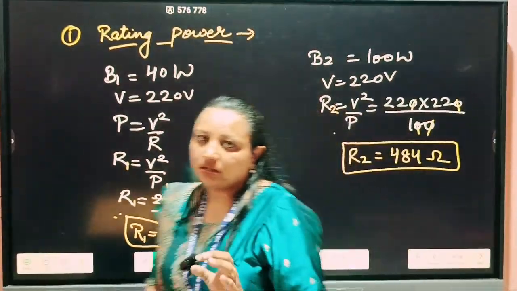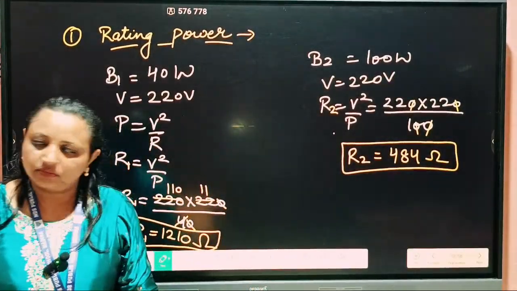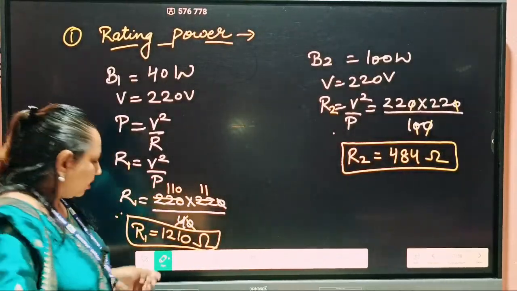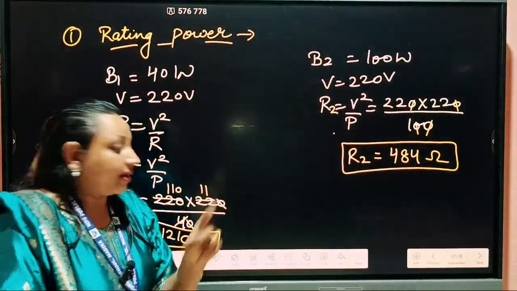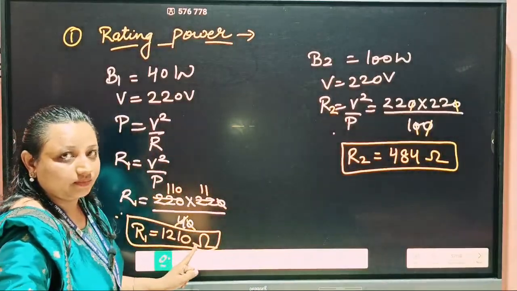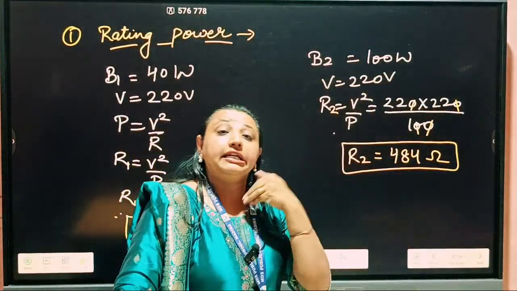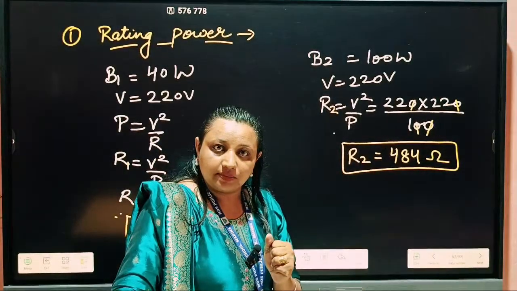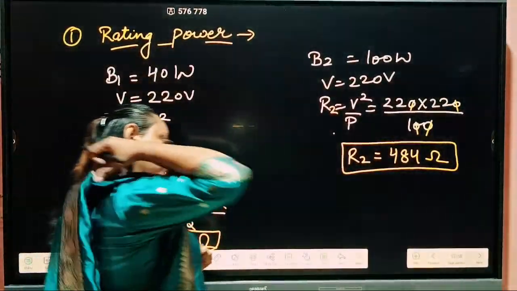This is seen now: the bulb 1 having less wattage power has greater resistance, right? But bulb 2 having greater rated power has less resistance. You see now?